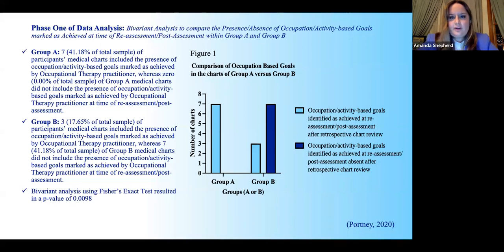When I applied the Fisher's exact test to this particular group of data, I received a p-value of 0.0098. Just for reference, in order for a result to be significant, it had to be less than 0.05, and in this case, it was. I'll go into the interpretation later in the discussion.